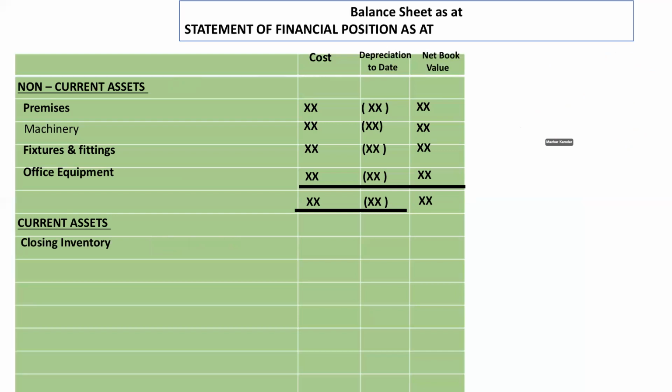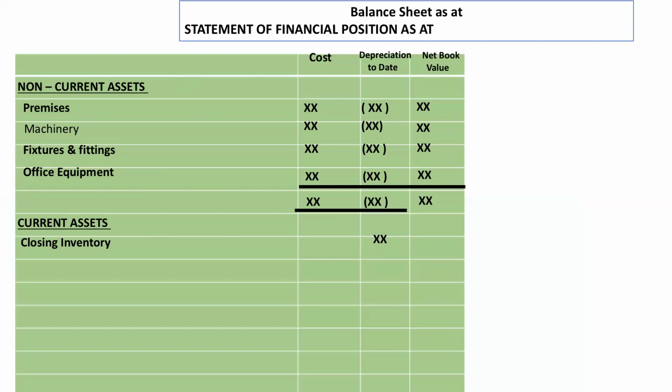Okay. So in your current assets, you will have closing inventory. I'm writing it in the second column. When you close this column, that means you're closing the column of cost and depreciation to date. And from here again, your amount column continues.